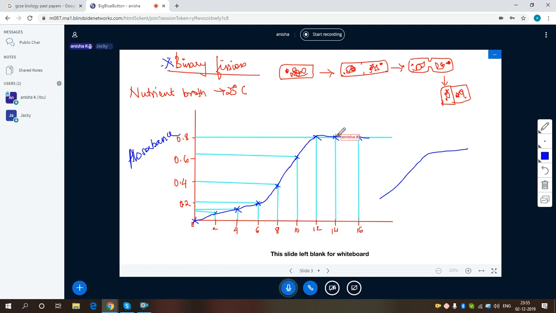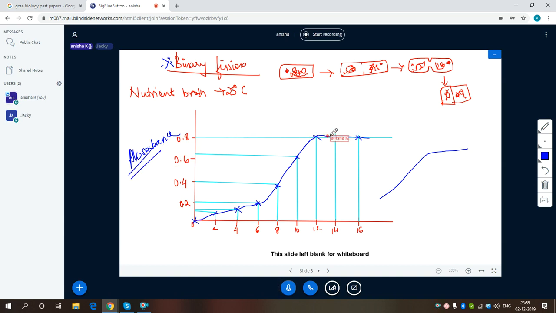What are we talking about here? We are talking about binary fission, right? And we are talking about the absorbance rate.